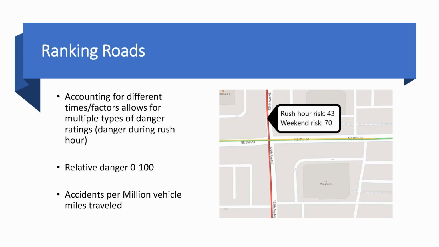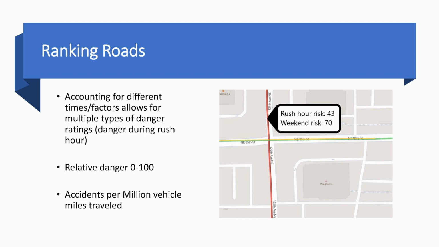For example, if a particular road is most dangerous at sunset, perhaps due to windshield glare, Safe Routes is able to determine this due to the increased number of accidents that consistently happen during this time, and thus rank this road as being more dangerous during sunset.